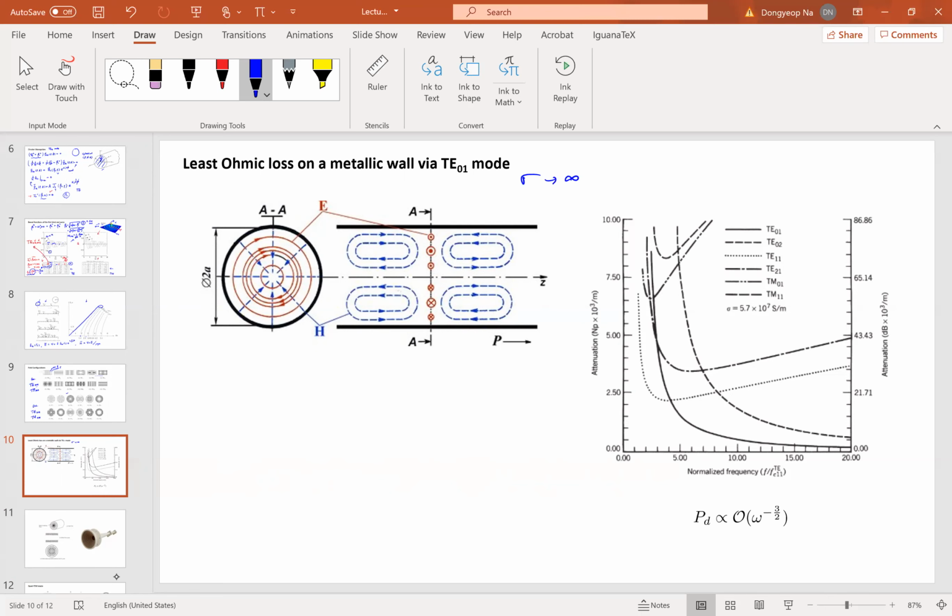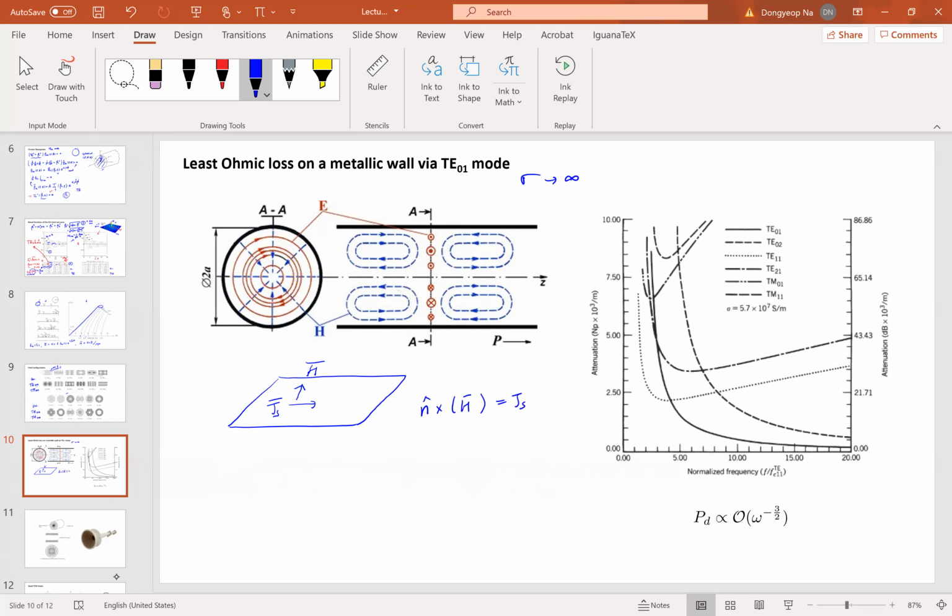We know that if we have some metallic surface here, the loss comes from the surface current, okay? And in order for this current to be induced, we need to have the transverse magnetic field. You can check the boundary condition of the magnetic field.